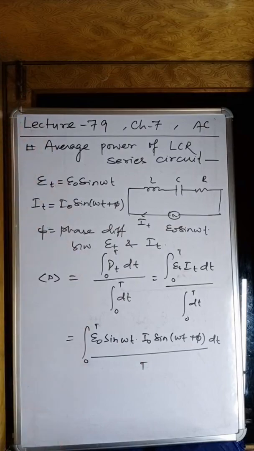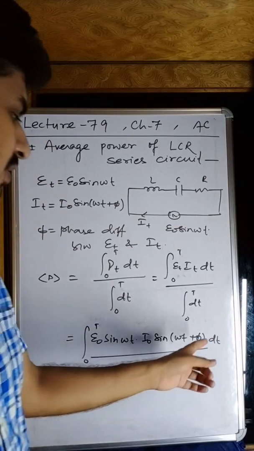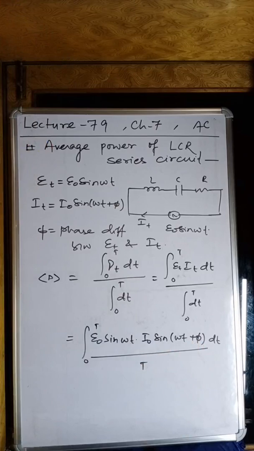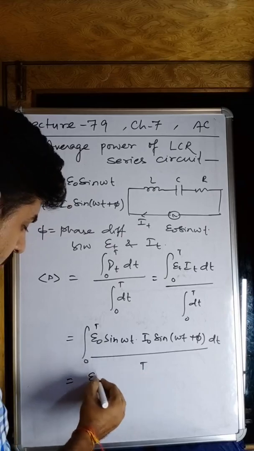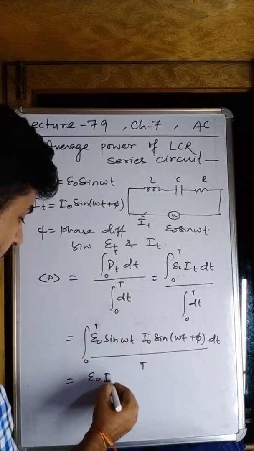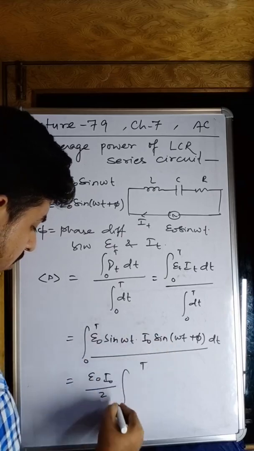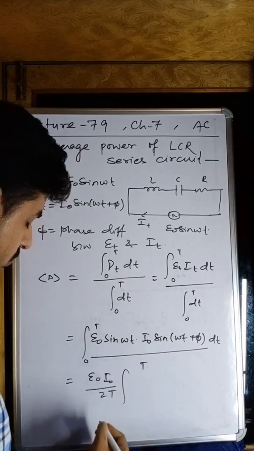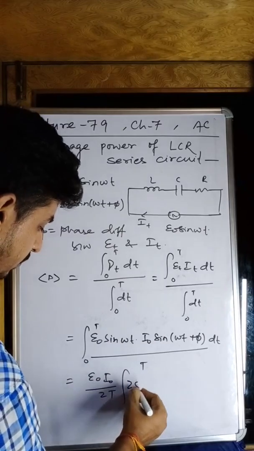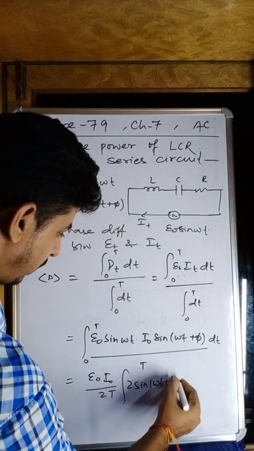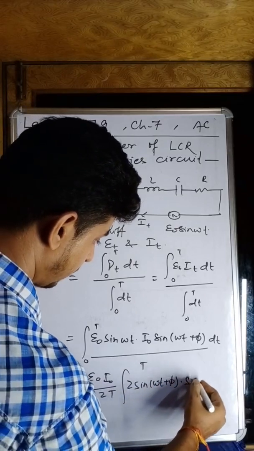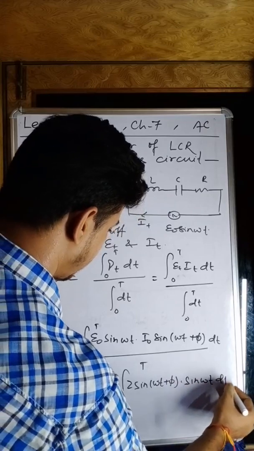Here we can change this equation using a trigonometric formula, taking the constant E naught I naught outside, and multiplying and dividing by 2: 2 times sine omega t plus phi and sine omega t dt.